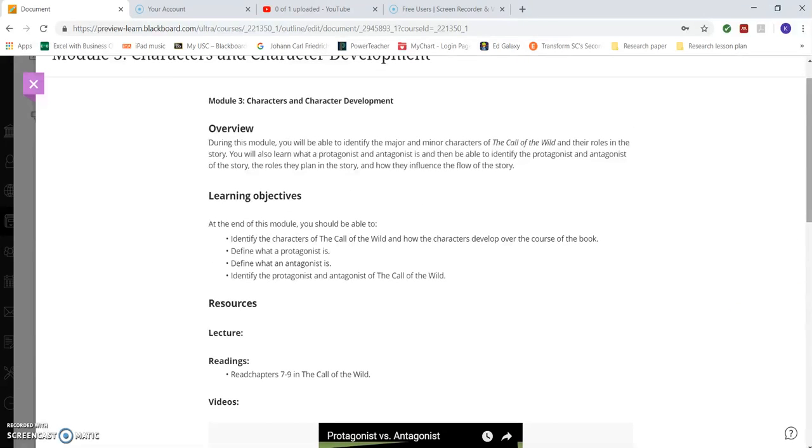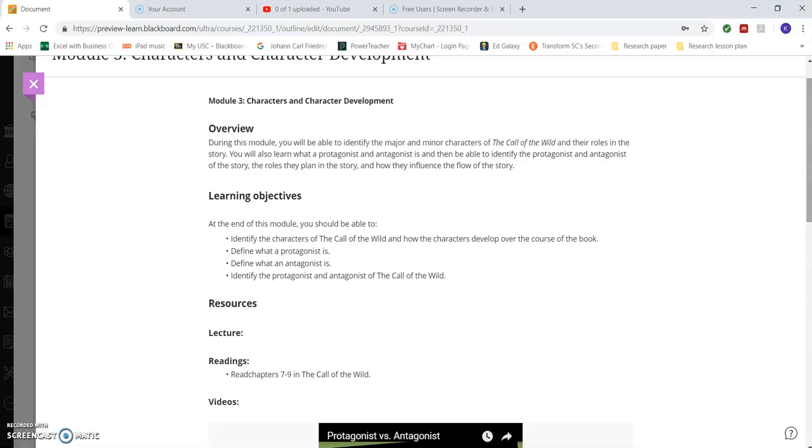The protagonist is usually the hero or the main character, while the antagonist is usually against the protagonist. Sometimes the antagonist is referred to as evil or a bad guy, but that's not always completely true. They're just usually against the protagonist. It doesn't make them a bad guy or evil, but sometimes they are evil.